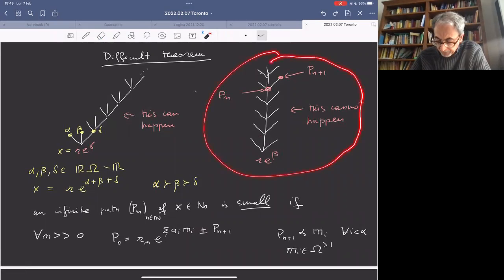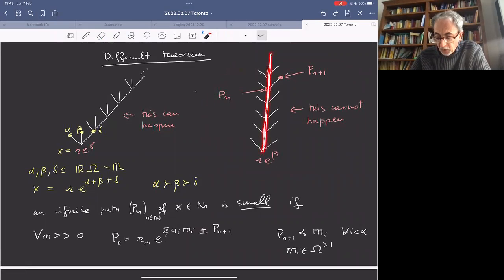Why can this not happen? Because you have this central path here, which obviously doesn't reach any log-atomic number. Why doesn't it reach any log-atomic number? Because if it reaches a log-atomic number, it would stop bifurcating, but instead this keeps bifurcating, right?